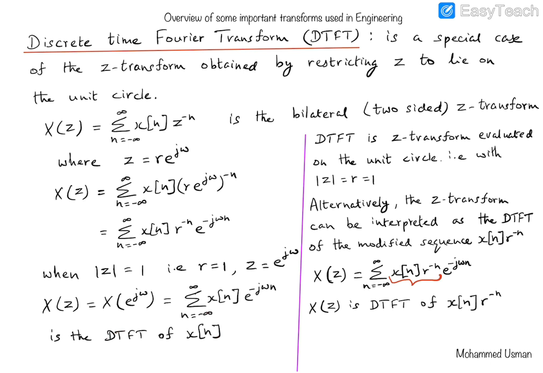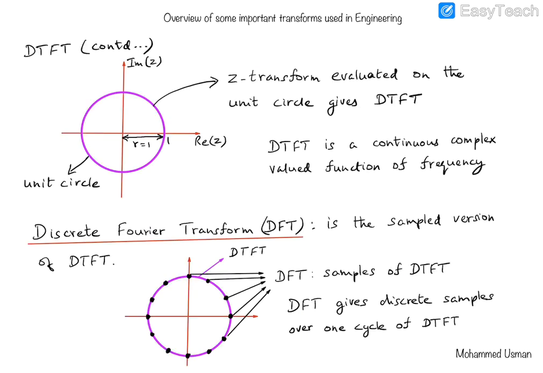So the DTFT is a special case of the Z-transform, evaluated on the unit circle, or conversely, we can think of the Z-transform as the DTFT of the modified sequence x[n] r to the power minus n.